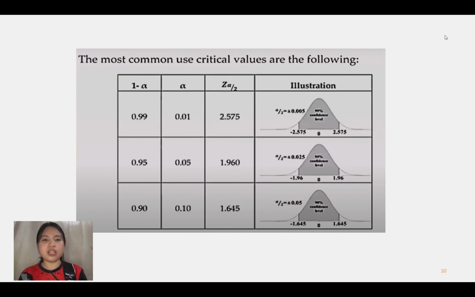For 99%, we have a critical value of 2.575. For 95%, we have a critical value of 1.960, and for 90%, we have a critical value of 1.645. So, ang critical value natin ay pwede siyang maging positive and negative.